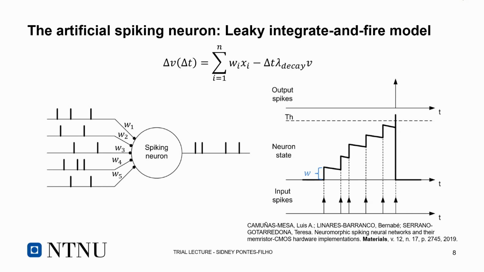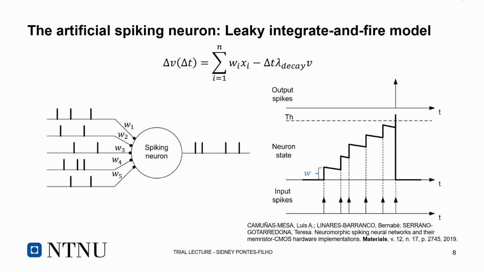And when there is no spike, no activation, this neuron state tries to decay exponentially to the resting state. But when more spikes come to this neuron, they compensate this exponential decay, and then the neuron state increases, or maybe can also decrease, because these can be excitatory spikes, but can also be inhibitory spikes that reduce the neuron state.